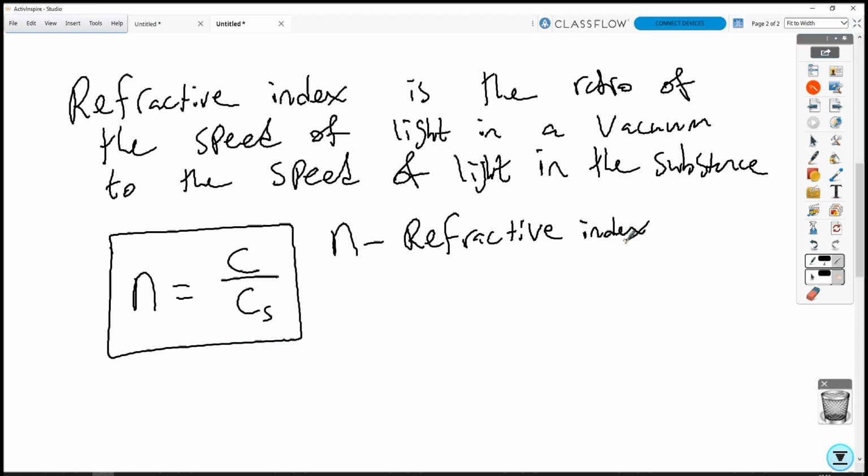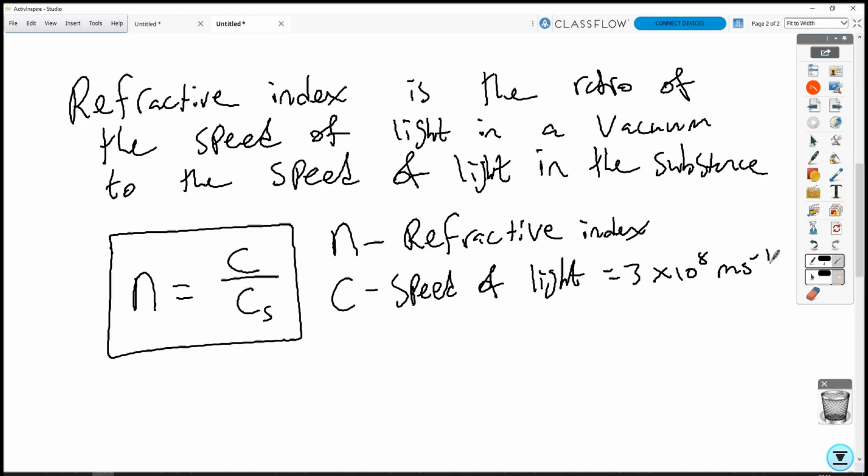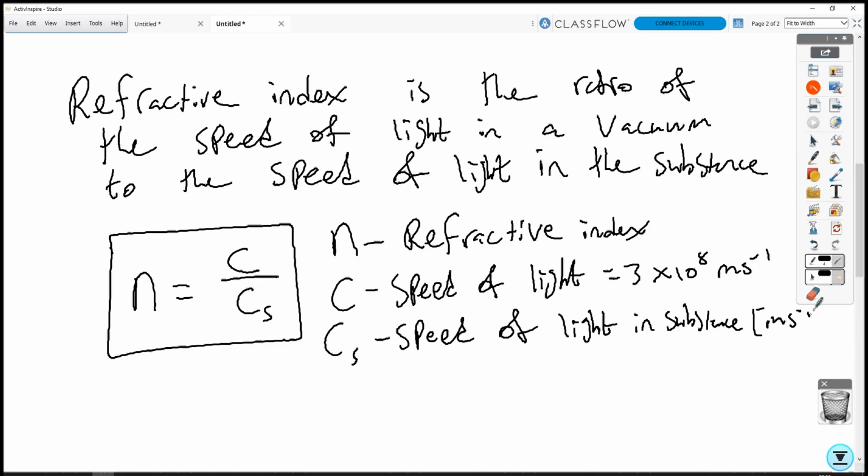Refractive index has no units. c is the speed of light, which is equal to 3 times 10 to the 8 meters per second. And cs is the speed of light in the substance, which is measured in meters per second.